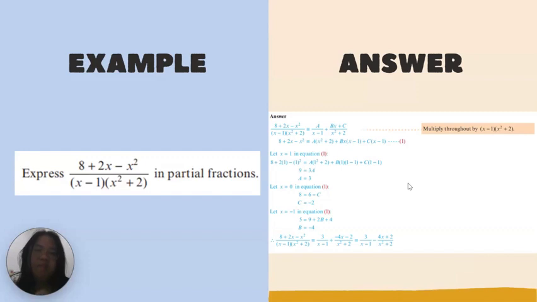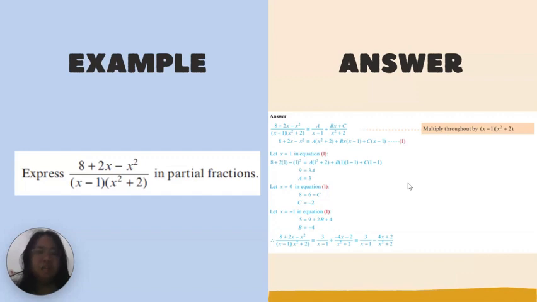Similar to the previous case, you just put the x into the equation and you can get the results of A, B, and C. But in the previous case, there were only two x values, right? So how do we find the other x?